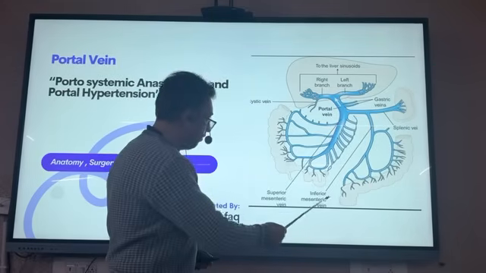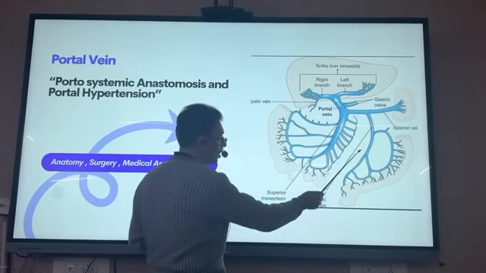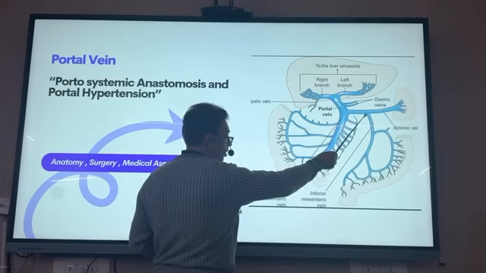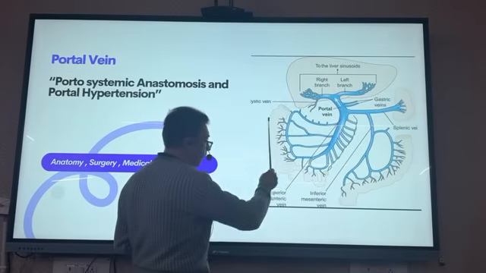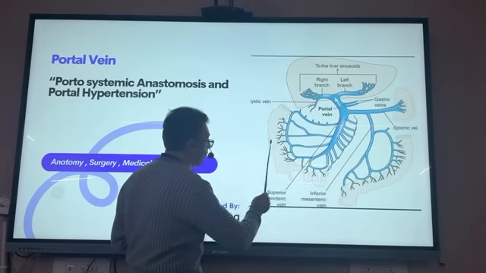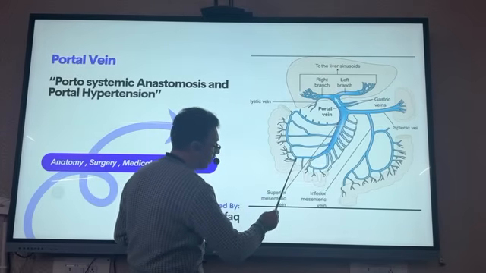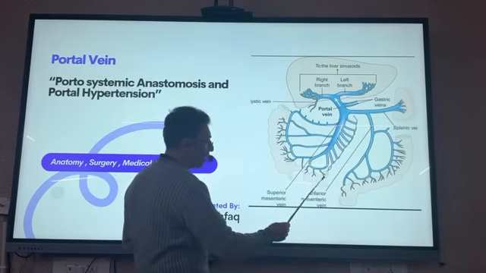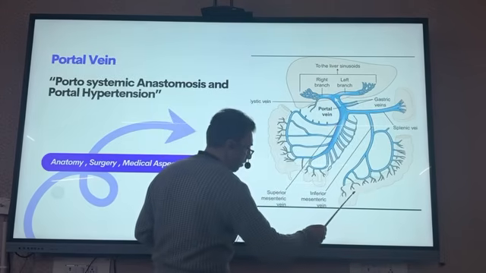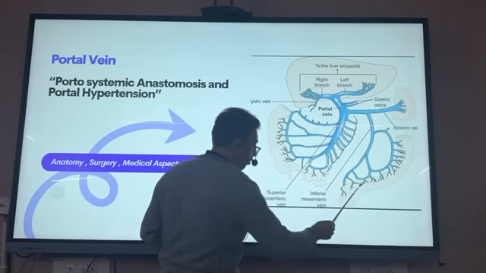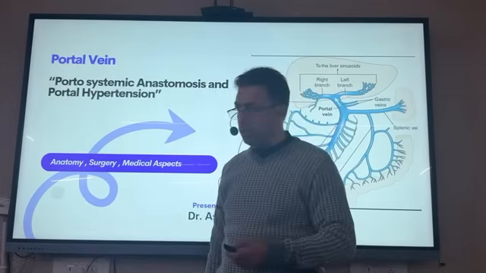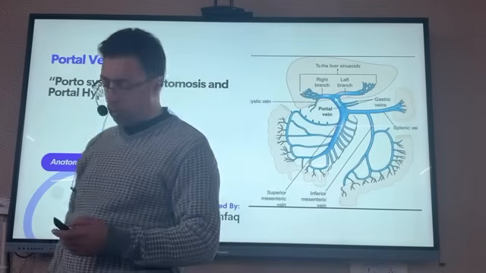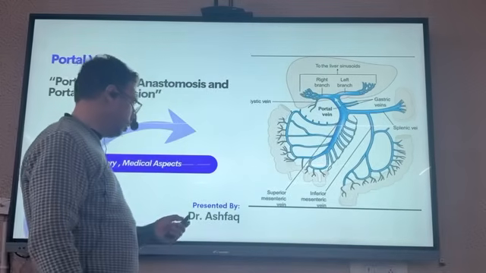Clear? Inferior mesenteric, I told you just now, goes into the splenic vein. This is the superior mesenteric vein, which collects the blood from a large part of the gastrointestinal tract, especially from the right side. And the inferior mesenteric vein carries the blood predominantly from the left part of the alimentary tract. So this is a figure which you should remember, and this is important.